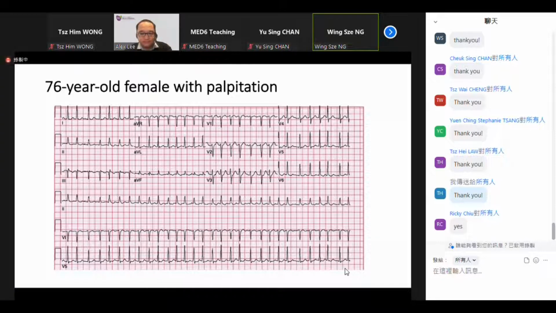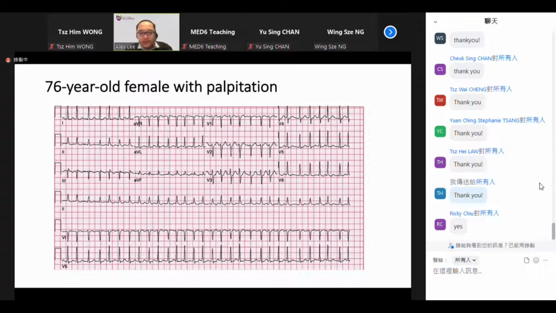The heart rate is approximately 2 large boxes, so 300 divided by 2 should be around 150. Okay, that's good. This patient has a very irregular heart rate, right? Each cardiac interval has a slightly different number of large boxes between it, because of the irregularity. Do you agree?